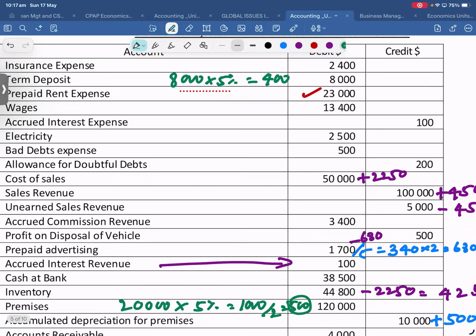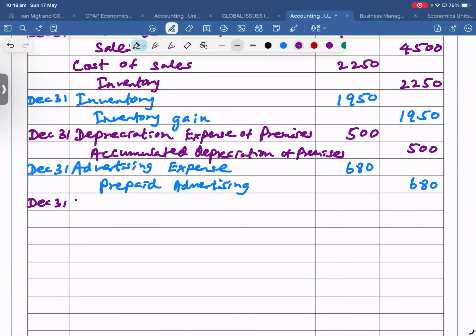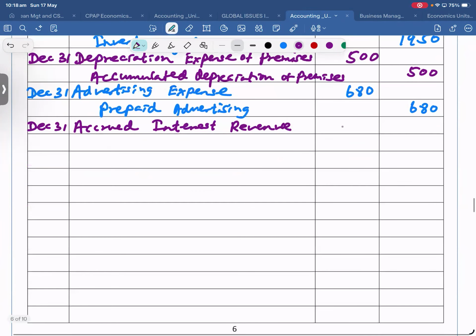200, what happens? We are going to debit accrued interest revenue because this is a current asset increasing 100, sorry, 200.